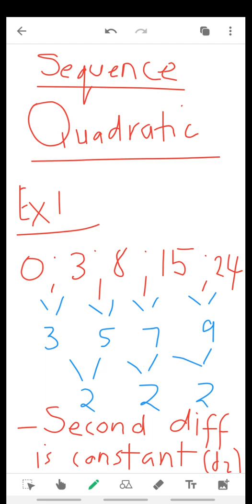Please, our 0 in this example represents T1. You are very right, very correct. But our 0 does not represent A. I'll repeat that. A in a quadratic sequence does not represent the first term. That is only applicable to arithmetic sequence and geometric sequence.